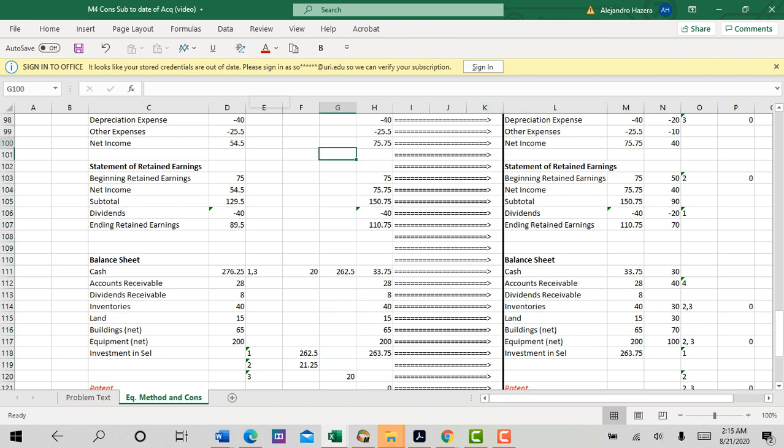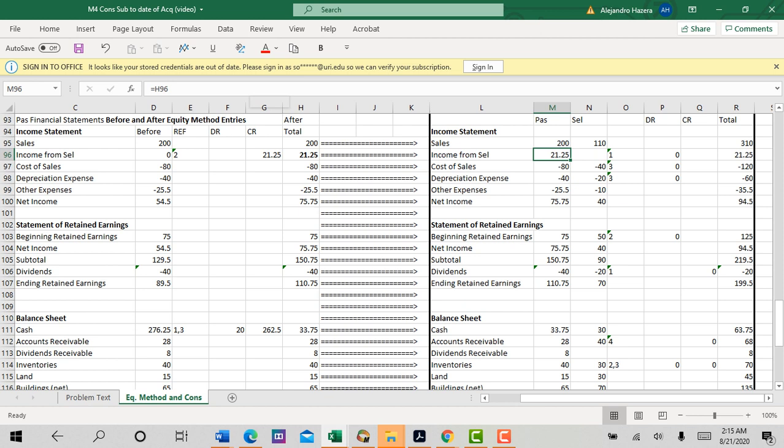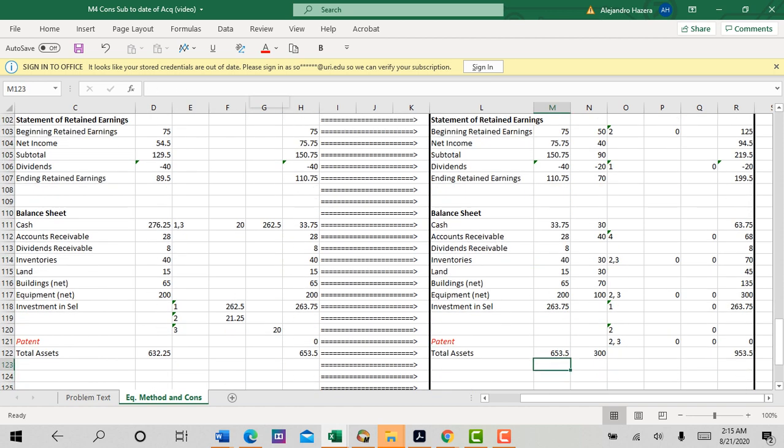We're going to take the 2 equity method accounts, income from sub and the investment in sub, and we're going to eliminate them. So we're going to eliminate that 21.25 equity method income from sub, and we're going to eliminate the equity method investment in sub, and then we're going to record some expenses that we've had.